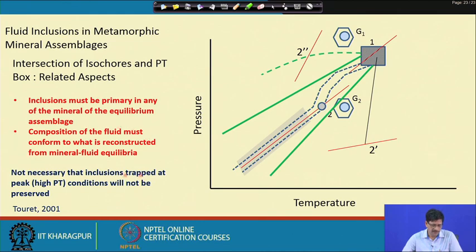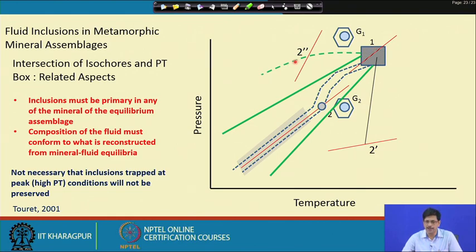Even though we do not see that much of detailed work, this definitely remains as one of the prerequisites for a particular inclusion to represent the peak metamorphic condition. So, here also it is discussed in the context of what exactly we discussed a few lectures before about the non-isochoric path of evolution of the rock or the mineral assemblages of this particular rock in the later part of its evolution.